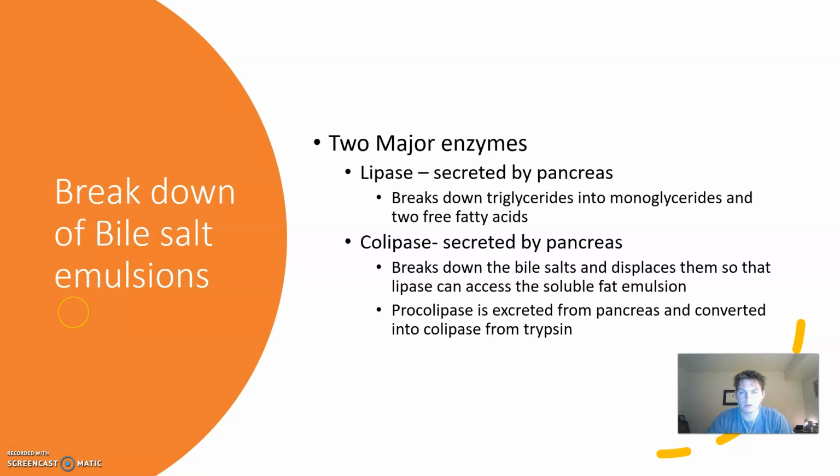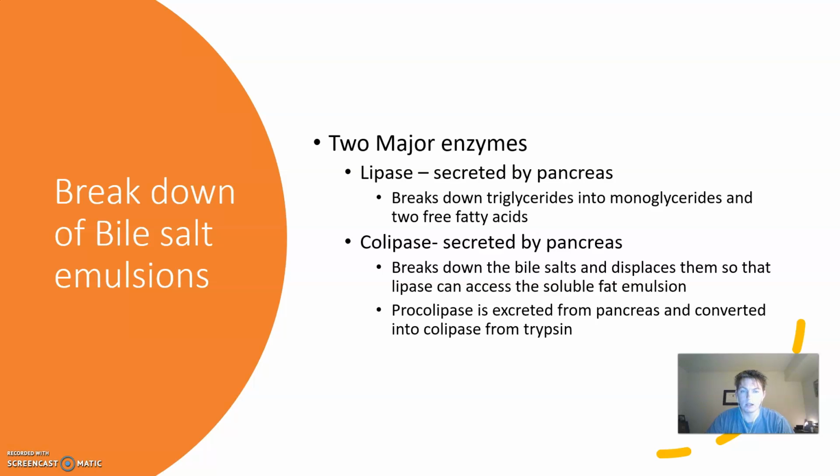So here's the thing: once those bile salts are surrounding the fat, they need to be broken down even further, and these major enzymes are involved, called lipase and colipase. Colipase is secreted as procolipase in the pancreas, and once it enters the duodenum, procolipase is converted to colipase by trypsin.